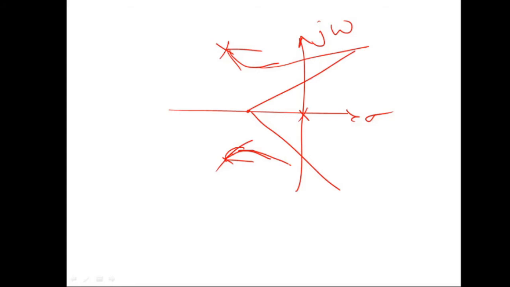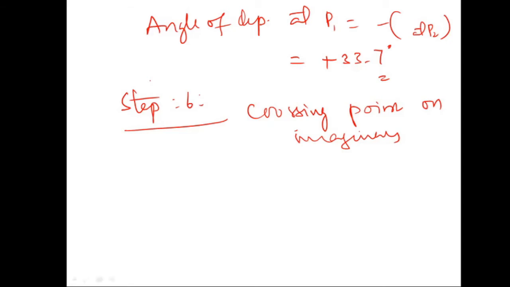So we have to find at what point the root locus crosses the imaginary axis. Anyway, this pole is going to infinity here to meet zero. So the crossing points are to be found now. For this one, the characteristic equation is s cube plus 4s square plus 13s plus k equal to 0.